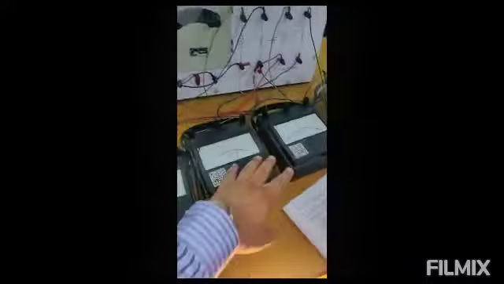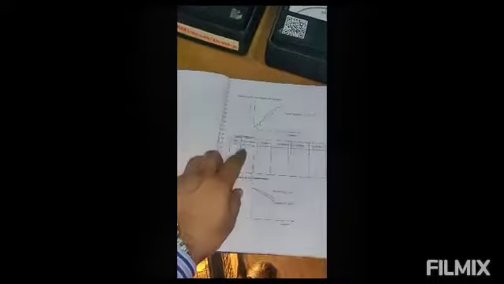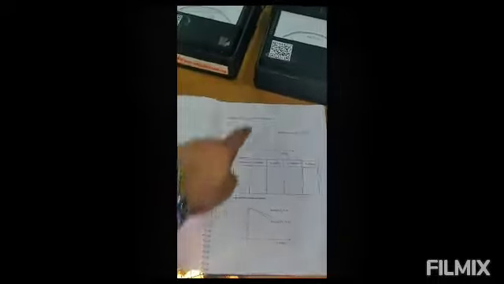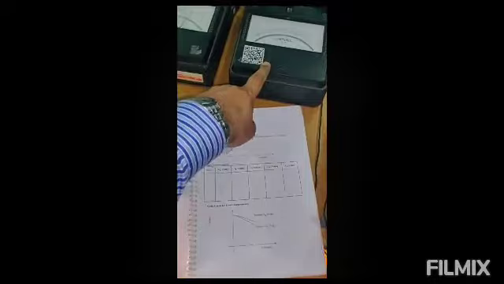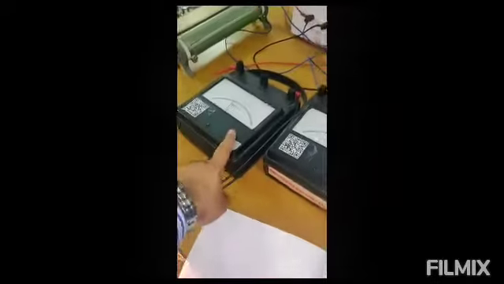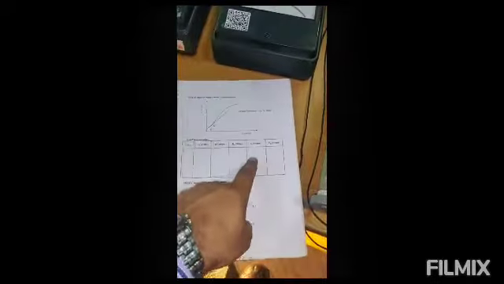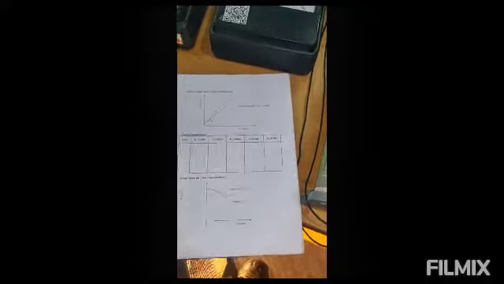On this load you can take all the values: VL from here, IF from here, and IL from there. Then you can find the values of IA and EG from these formulas, IA and EG.